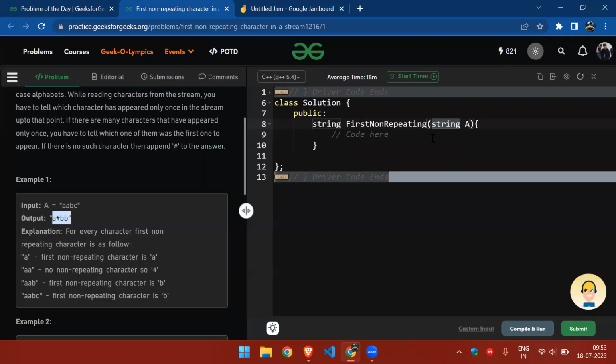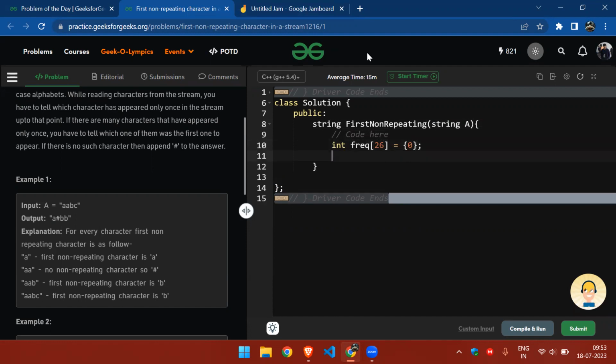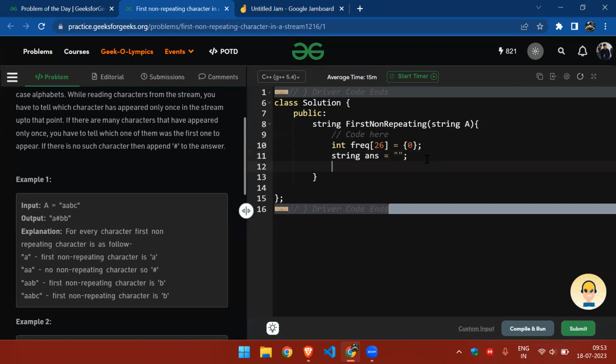First, create a frequency array of size 26 and initialize it with 0. Now declare an answer string, which I'll be returning, and a queue of data type character.